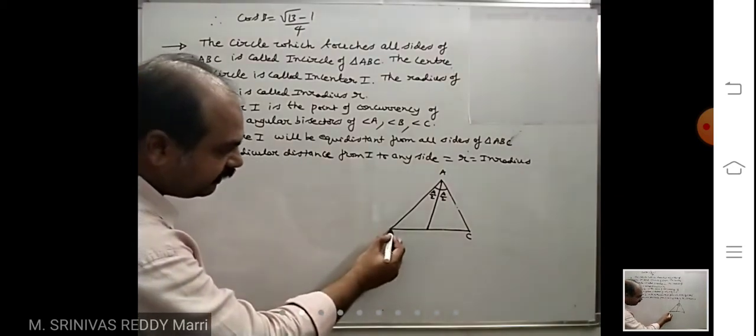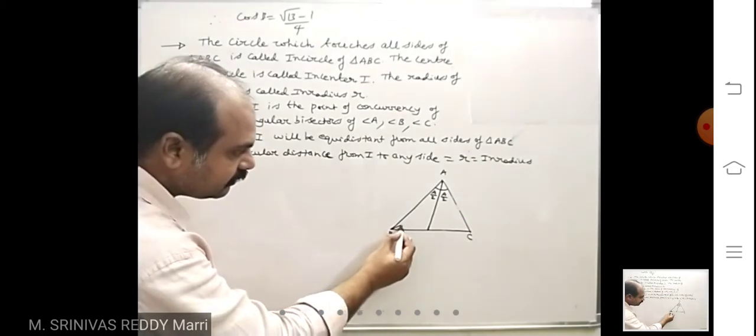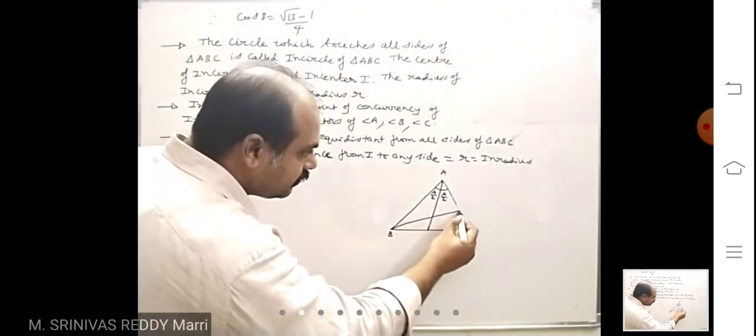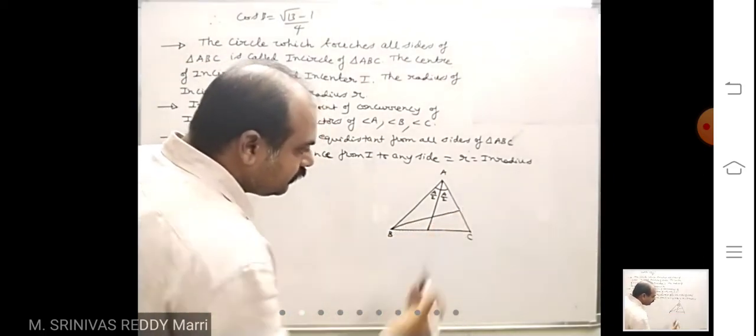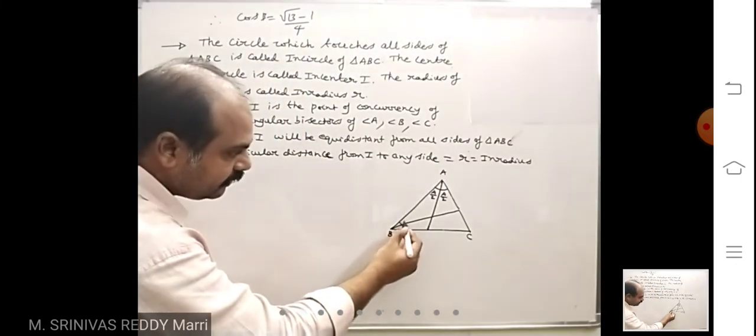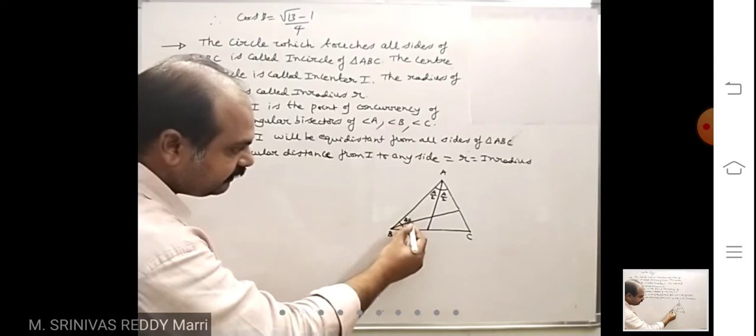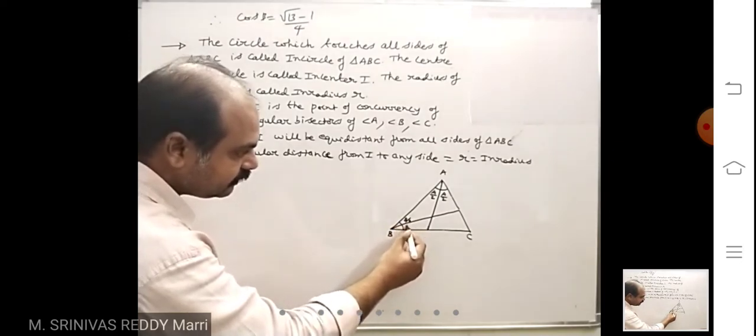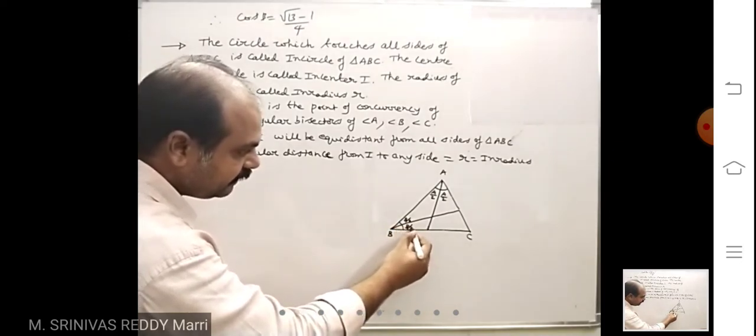Now I am drawing another line, which bisects angle B. That means this angle will be B by 2, and this angle will be B by 2.